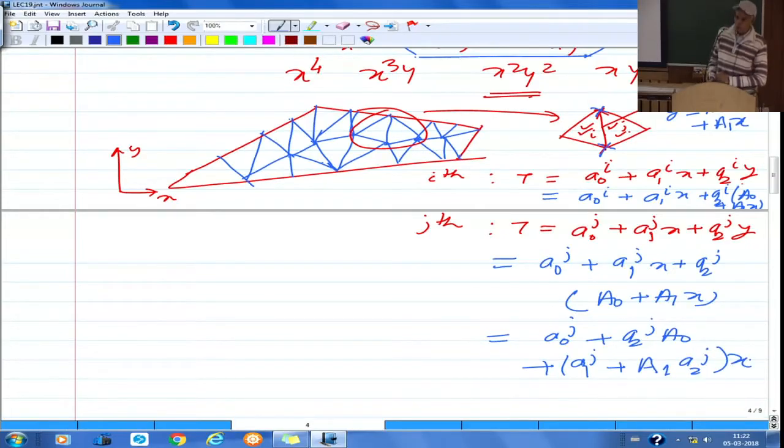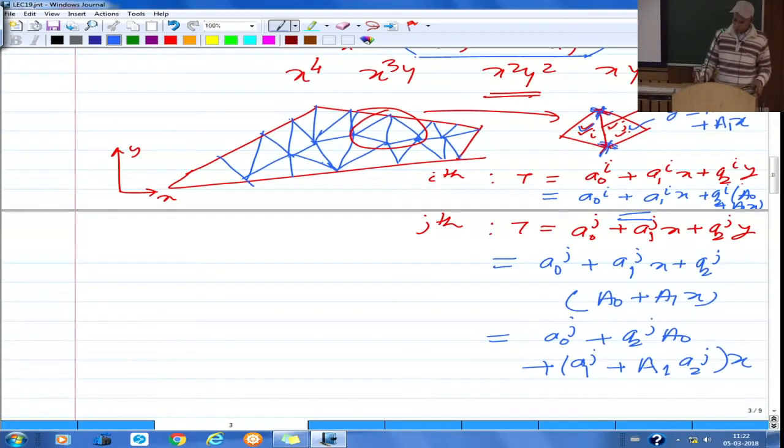So this is the form. Same thing you can write for the other element. You will find that the temperature variation evaluated from the ith element along this boundary, from here to here, is linear in x. Similarly, the temperature evaluated along this boundary line from the jth element, that is this element, is also linear in x, right.